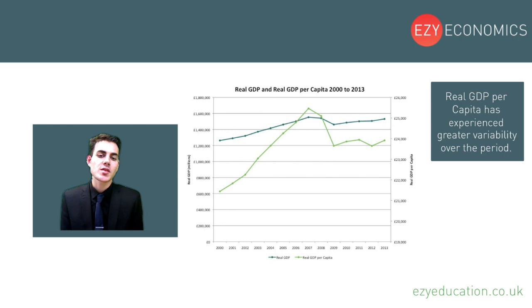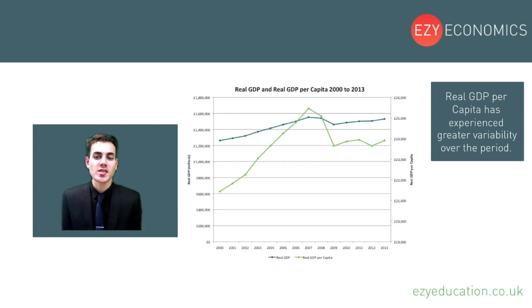The next statement is that real GDP per capita has experienced greater variability over the period. Well, it is impossible to compare the two data series in terms of variability because, of course, the two data items are scaled differently.